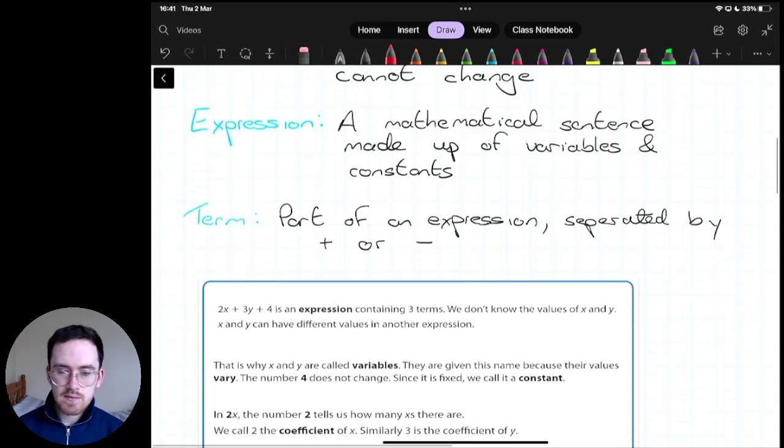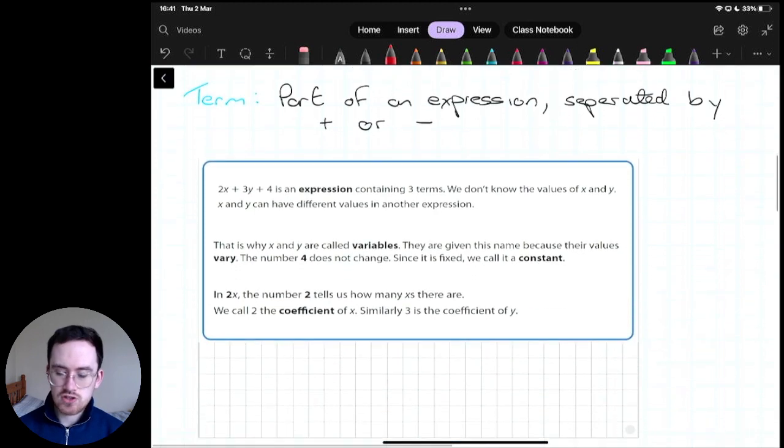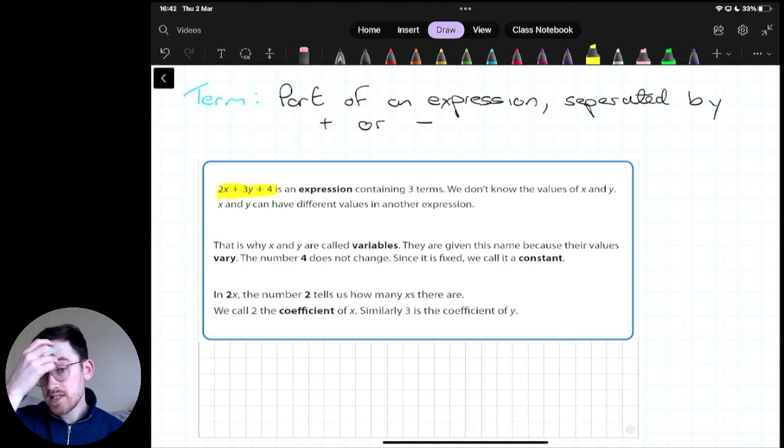So in the next little part, this is an example of an expression, 2x plus 3y plus 4. Okay, this is an example of one of these mathematical sentences that we're going to be looking at. And we'll see as well that it doesn't have an equal sign yet. What that means is we don't have an actual value for that. So it's just kind of a statement. Okay. So it's an expression containing 3 terms, and our terms are 2x, 3y and 4.